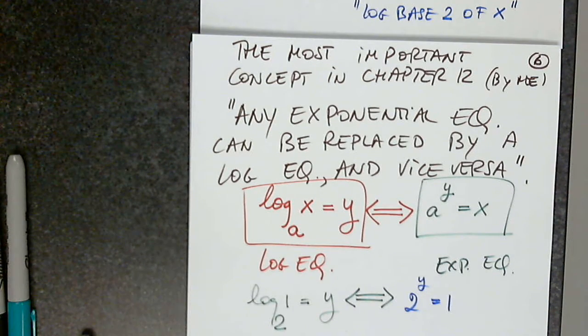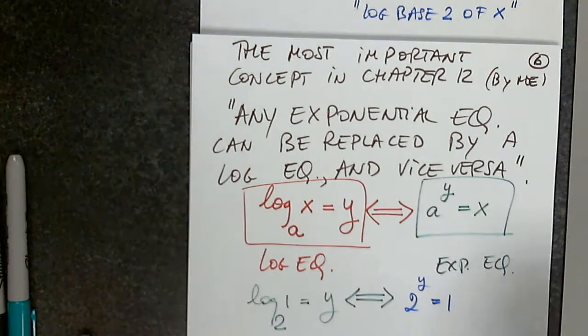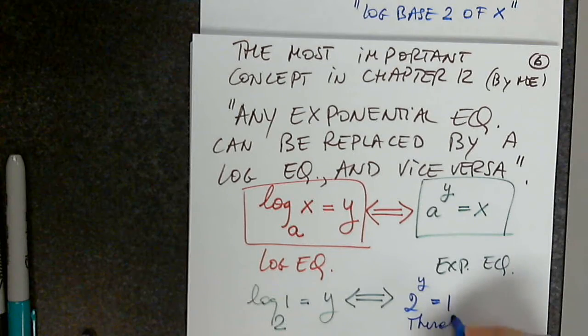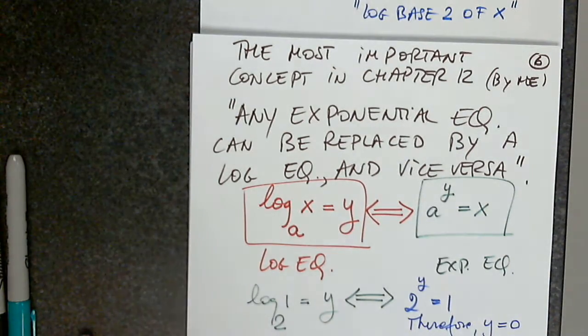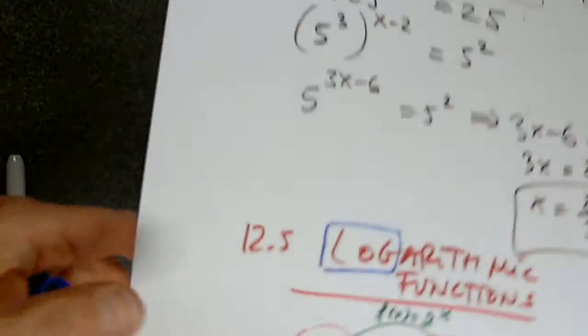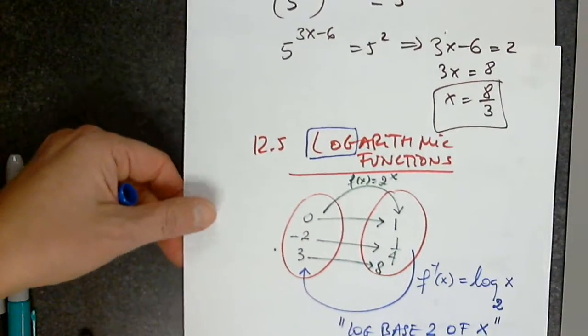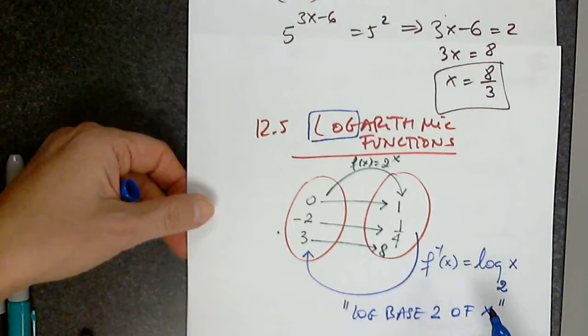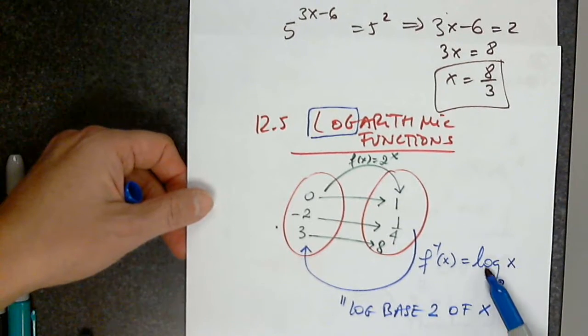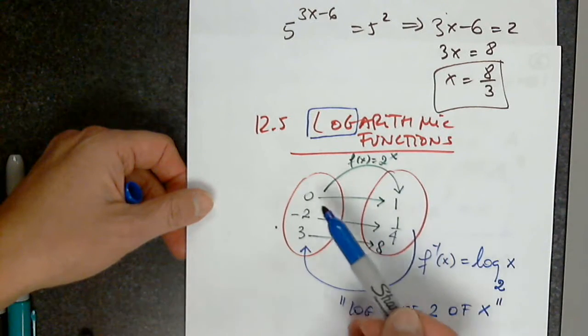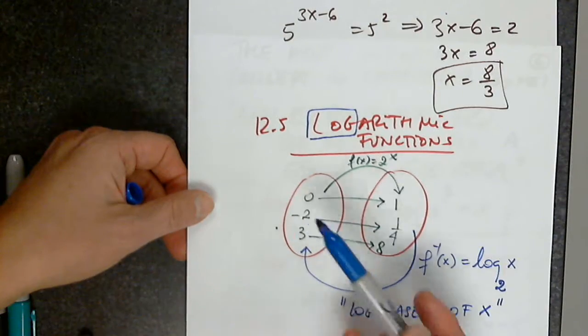Which number is that? Exactly. Therefore, y is 0. So I'm coming back to my little bubbles here. Can I say that we indeed concluded that log base 2 of 1 returns 0?